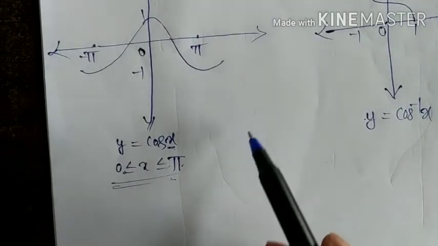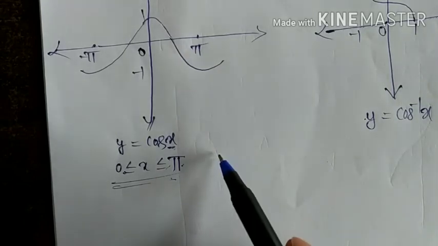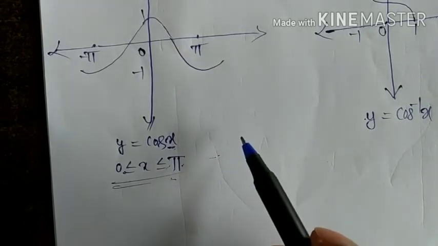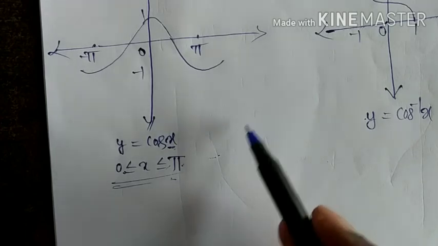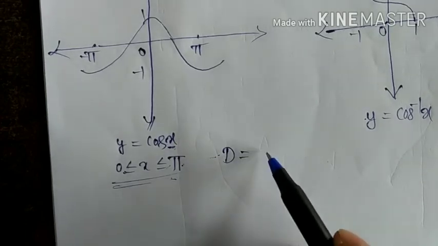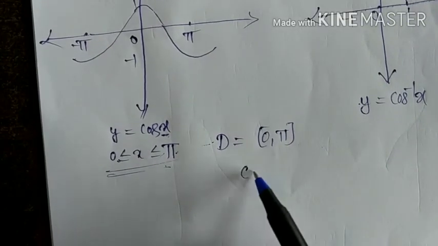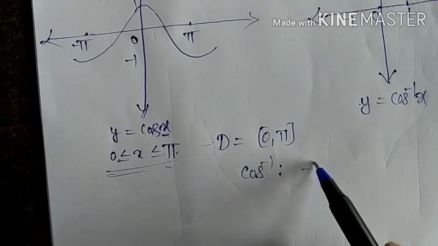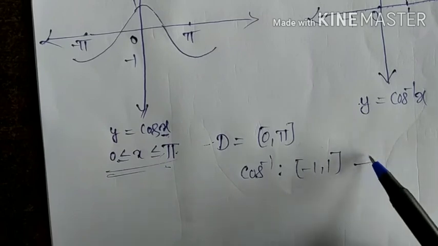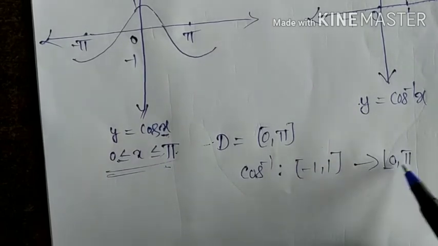So if we restrict the domain of the cos function to 0 and pi, then the inverse of the cos function is defined like this: minus 1 to 1 to 0 and pi.